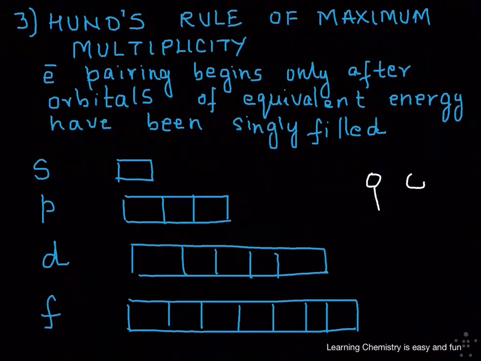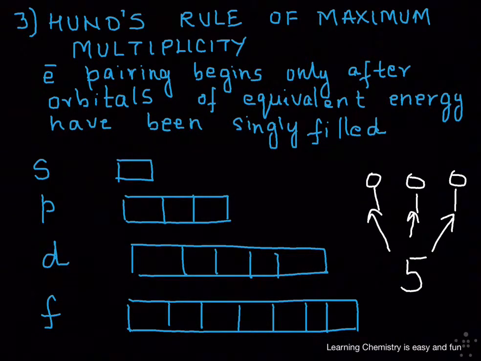If a mother has 3 children and she has 5 bread pieces with her, she will prefer to give first one piece or one loaf to each child and then see who needs more, right? The same rule applies for the behavior of electron distribution as well.